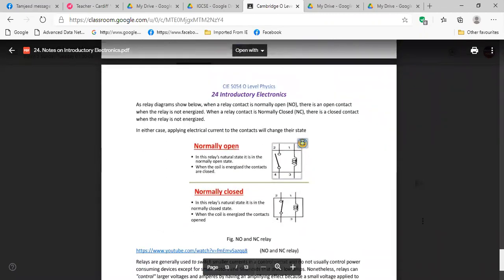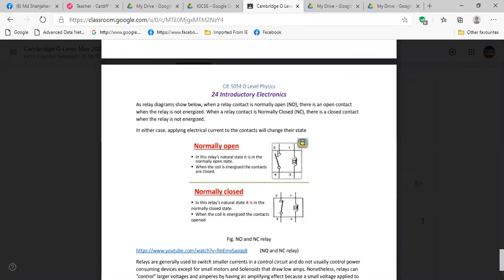I see here normally open, NO, normally closed. So normally open means normally we get this circuit open. The secondary one we get open, and using the smaller circuit we close it, we start it.